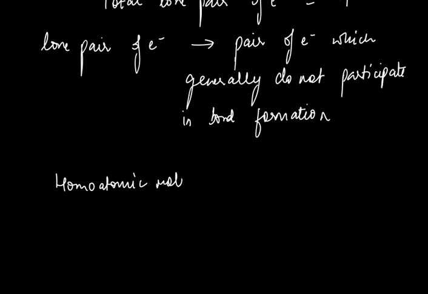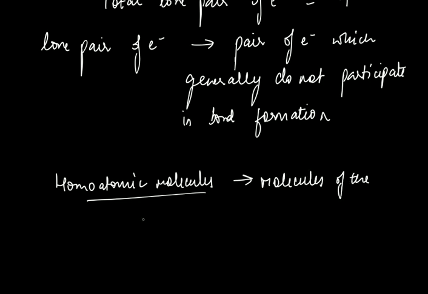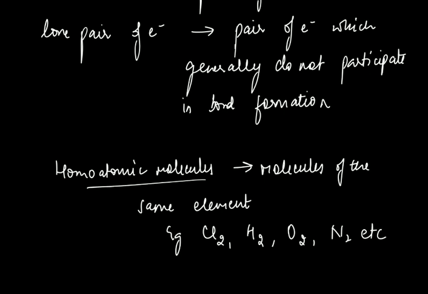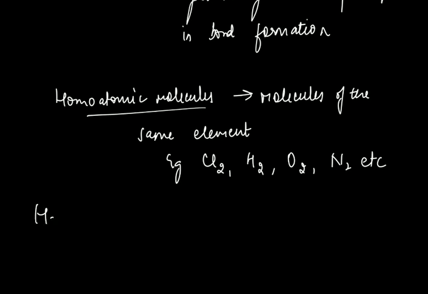Homoatomic molecules are nothing but molecules of the same element. Examples that we can put are chlorine, hydrogen, oxygen, nitrogen, there are many. Heteroatomic molecules. Remember, we are talking about molecules, not compounds. Usually the terms compound and molecule go hand in hand in most books.